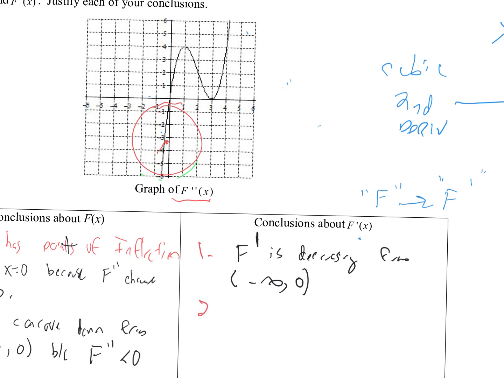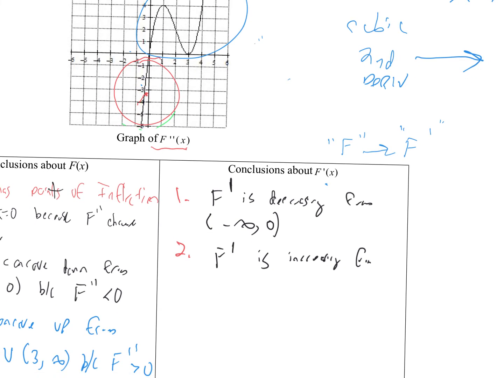Then we can say the function, which is f prime, is increasing from, that's up there. Be careful. I know you're tempted to say from 0 to infinity, but that would be wrong.